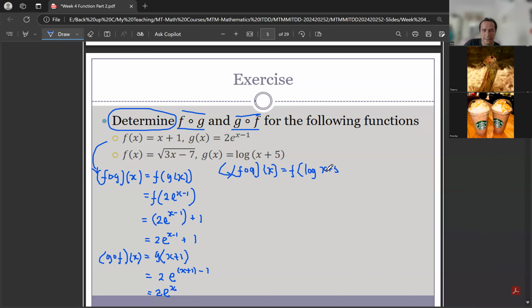So we replace every x in function f by the logarithm of x plus 5. So it will be the square root of 3, every x must be replaced by the logarithm of x plus 5, this is x plus 5, followed by minus 7.